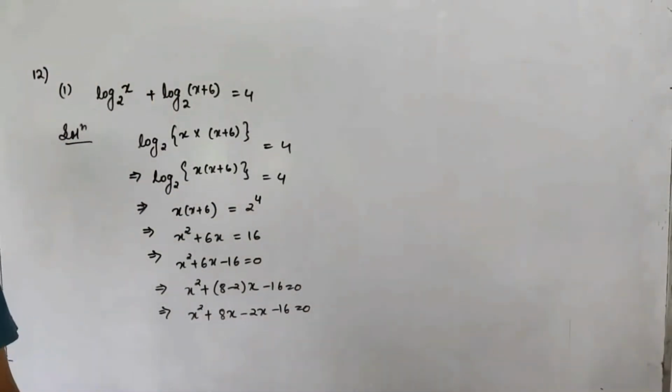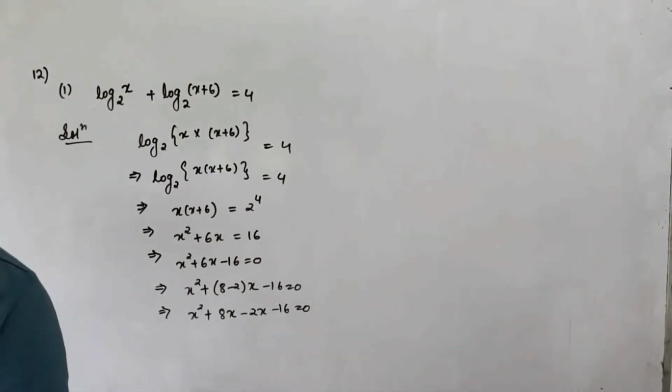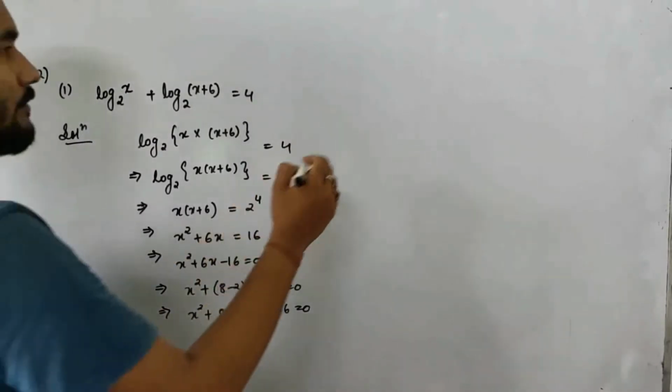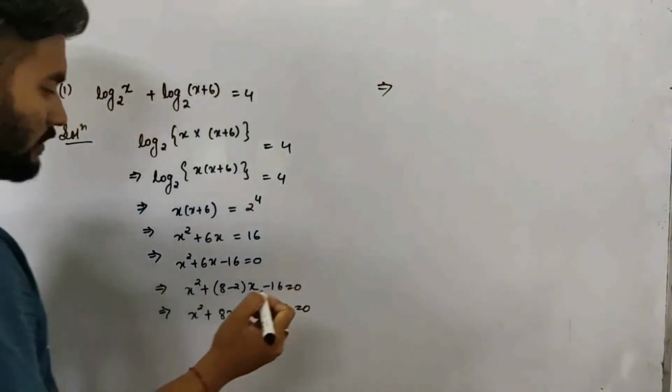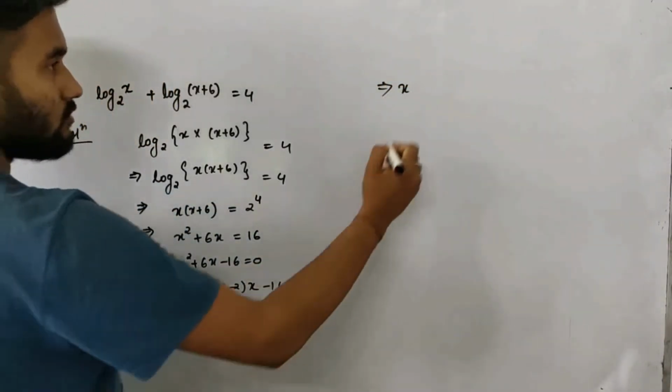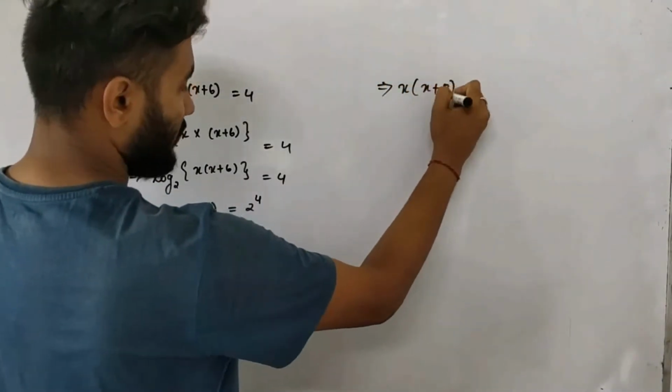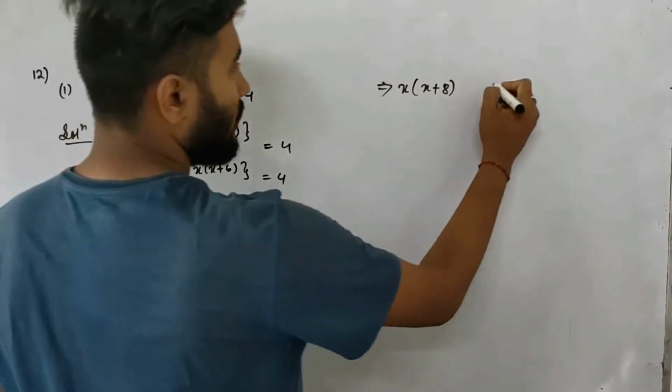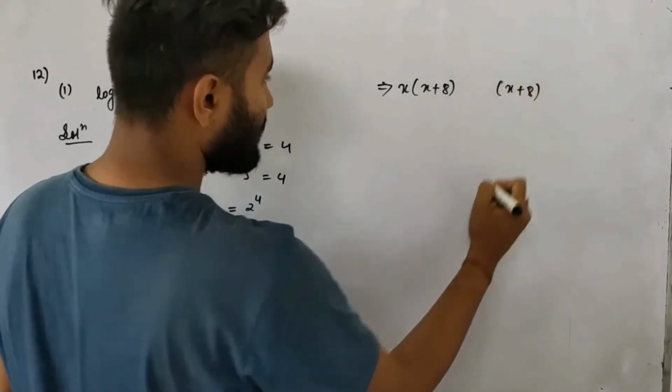Now splitting the middle terms you have done, isn't it? Now you have to do factorization, which means you have to take common factors. So x is common over here. What will remain? x plus 8. Then over here also x plus 8 will come, just simply match.